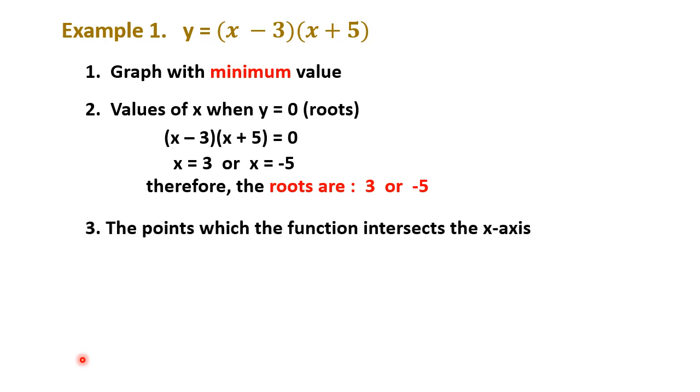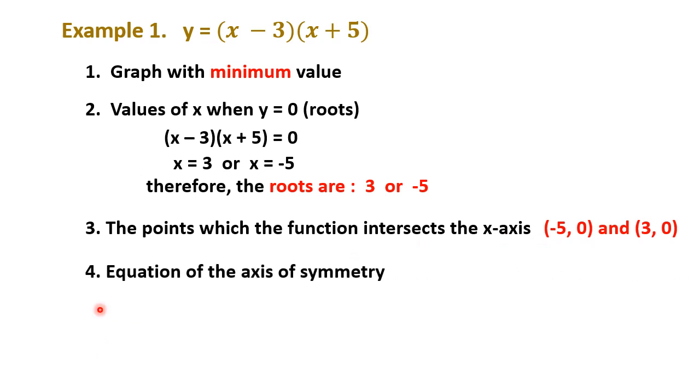Number 3, the points at which the function intersects the x-axis. If the graph intersects the x-axis at 3 and minus 5, the coordinates of the intersecting points, the x values along with the y value, the answers are minus 5, 0 and 3, 0. So intersecting points minus 5, 0 and 3, 0.